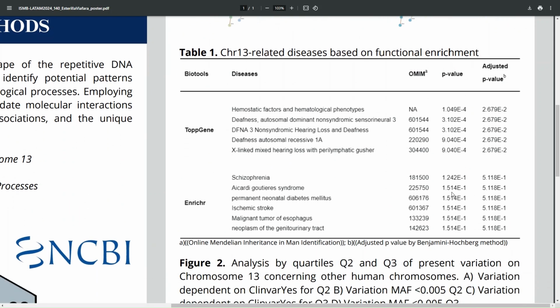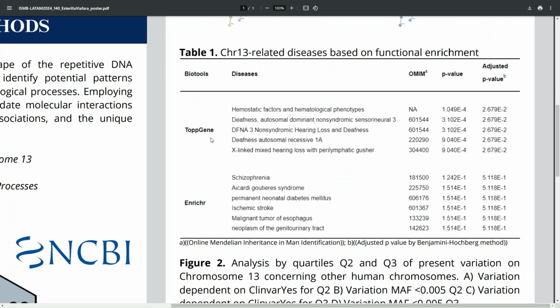Now, in functional enrichment, we have table 1, which shows chromosome 13 related diseases based on functional enrichment. Basically, we compare disease associations for chromosome 13 using two platforms, TopGene and Enrich.